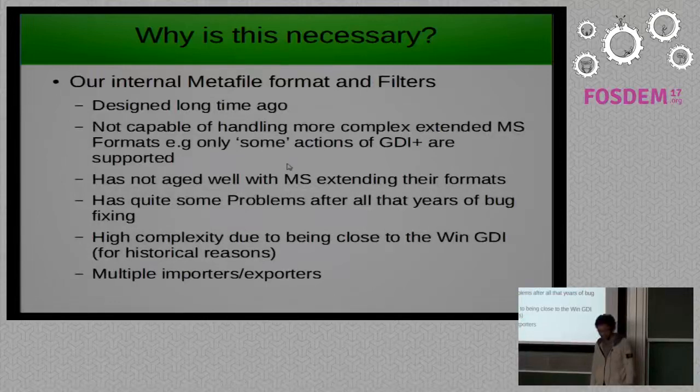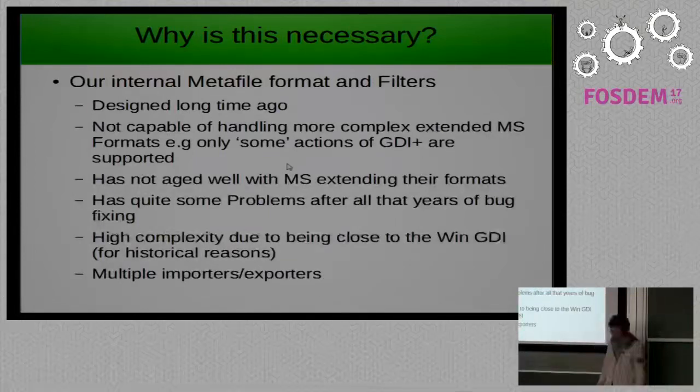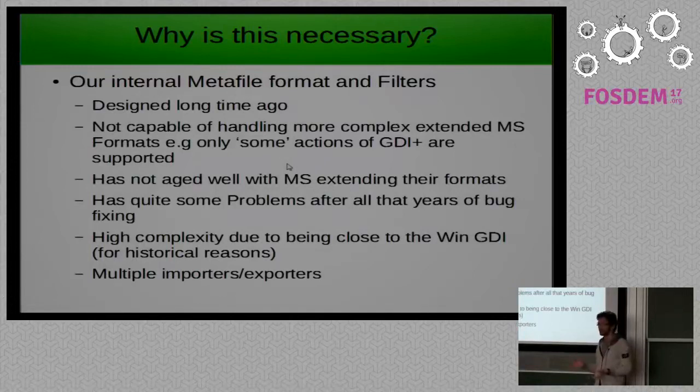And the high complexity also comes from being close to the Win GDI for historical reasons, for when the office was originally created, they more or less ported the original GDI stuff to also run on Linux, before it was extended and more intelligently brought forward.